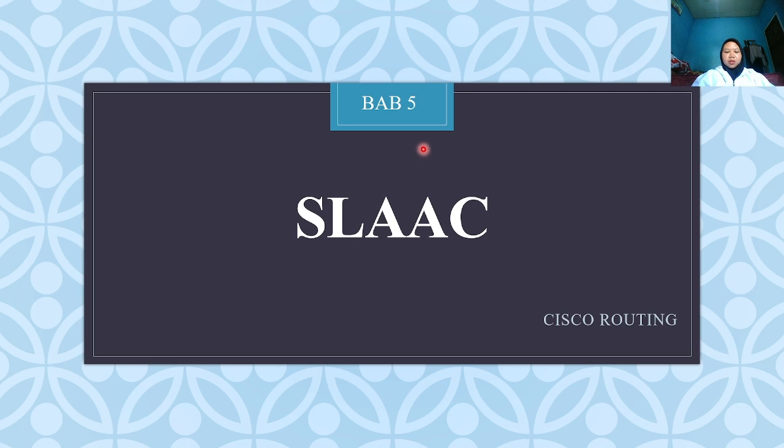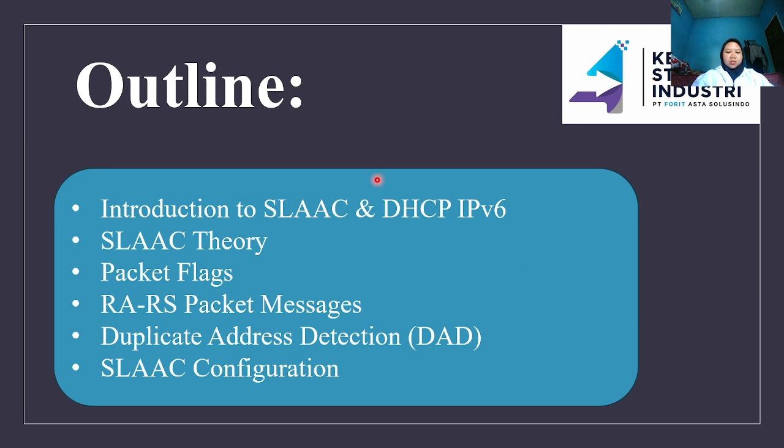In this chapter 5, we are going to discuss SLAAC. Here are the topics that we will cover. First, an introduction to SLAAC and DHCPv6 for IPv6. Second, the theory of SLAAC, router advertisement flags and RA message.